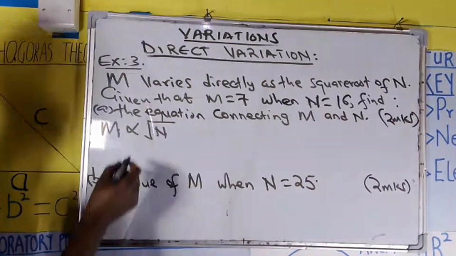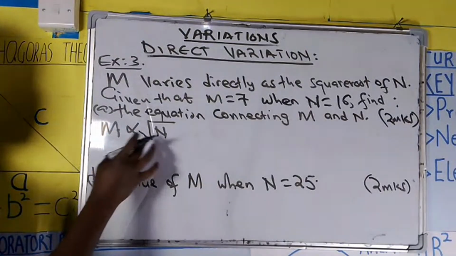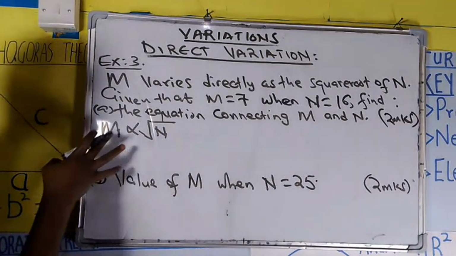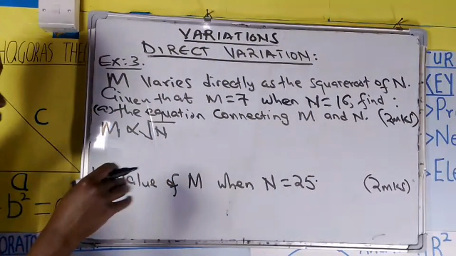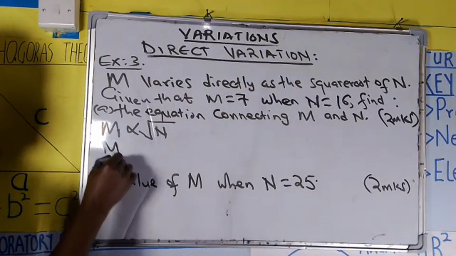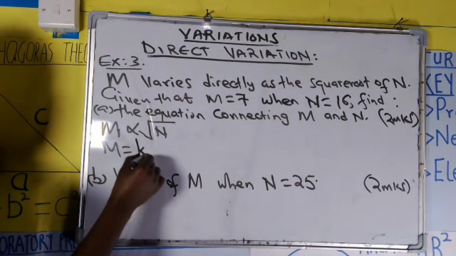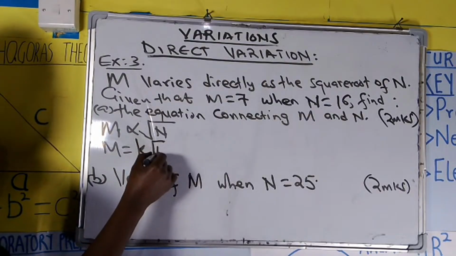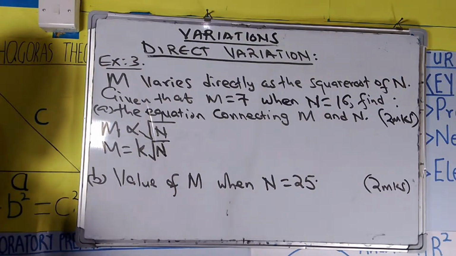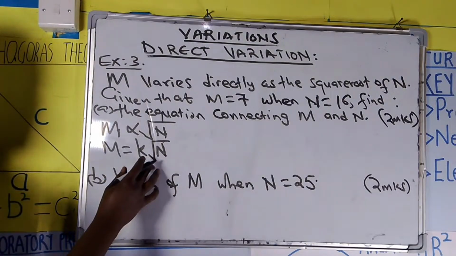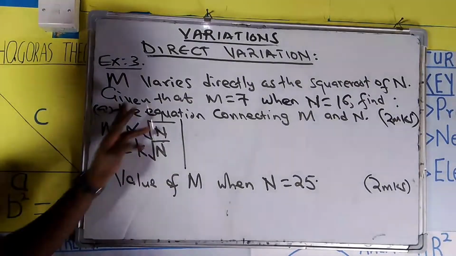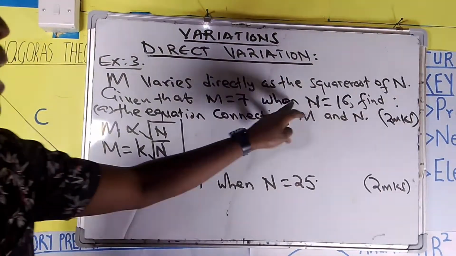So when we have such, we said we are going to introduce the constant of proportionality, and it is going to be m is equal to k square root of n. And in here we are given that m is 7 and n is 16.